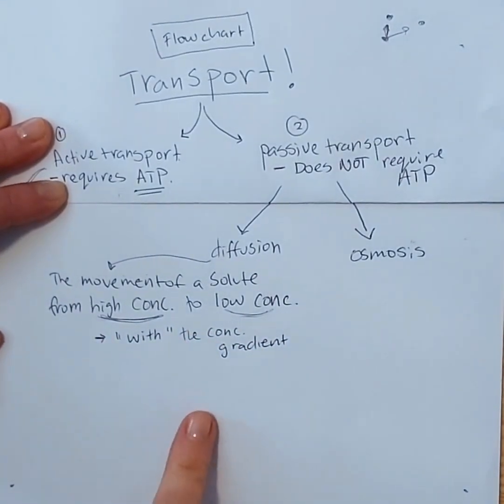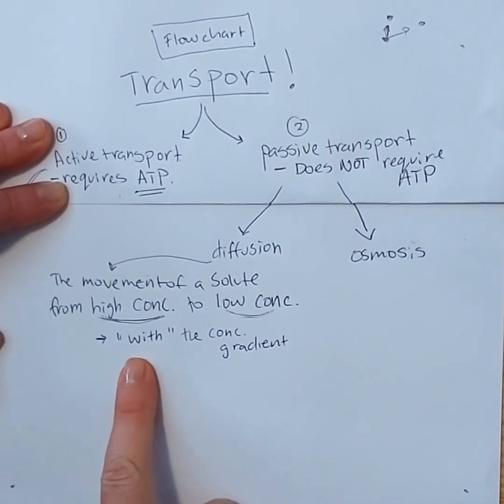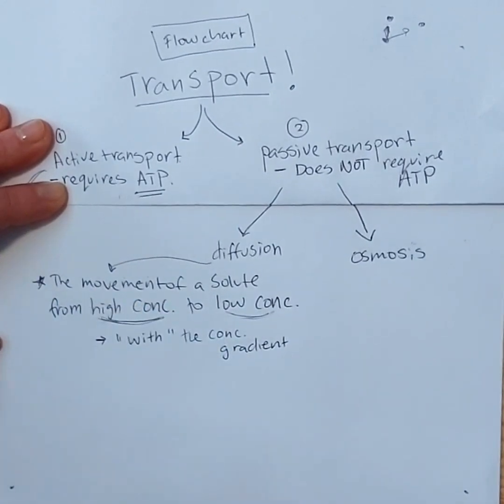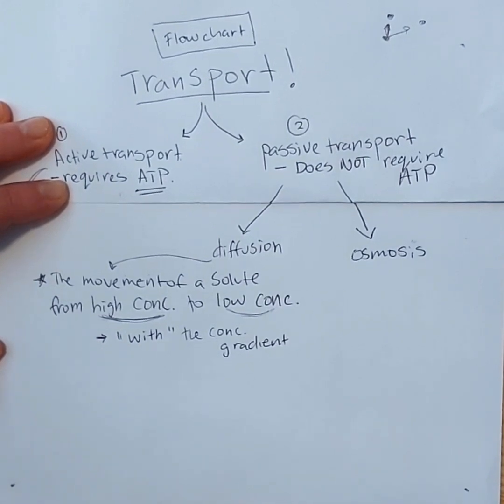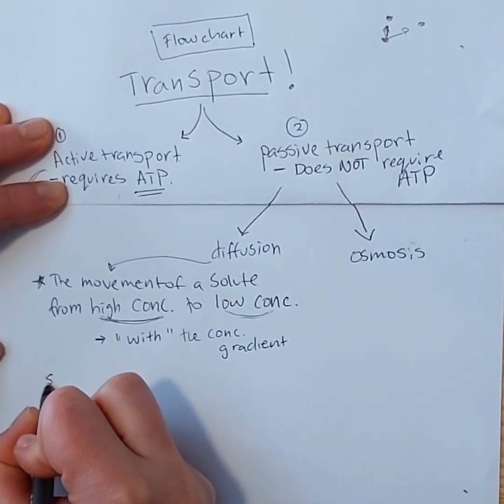Remember that when we were talking about active transport, we said it goes against the concentration gradient. In diffusion, you're going with the concentration gradient. So that's what diffusion is. Now, if you have diffusion just in the air or in a liquid, then we have simple diffusion.